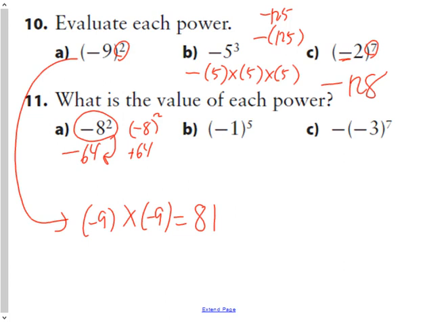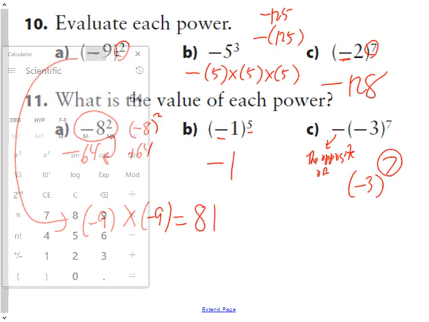Negative 1 to the fifth is negative 1 times negative 1 times negative 1 times negative 1 times negative 1. A negative base to an odd exponent is negative. So standard form would be negative 1. And question C says the opposite of negative 3 to the 7. Now, negative 3 is in the brackets, which means it's used in repeated multiplication, but it doesn't really matter for this one because we have an odd exponent.